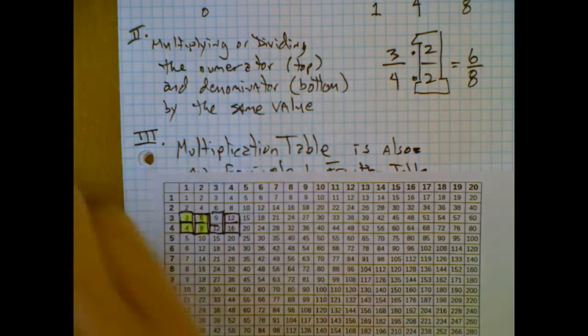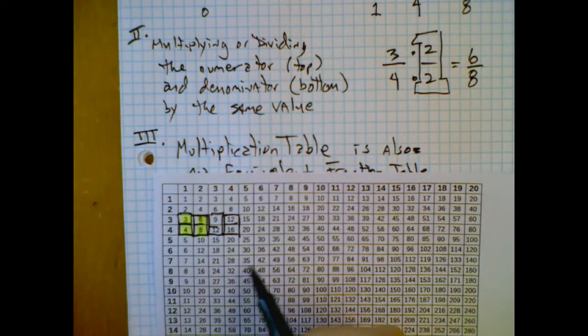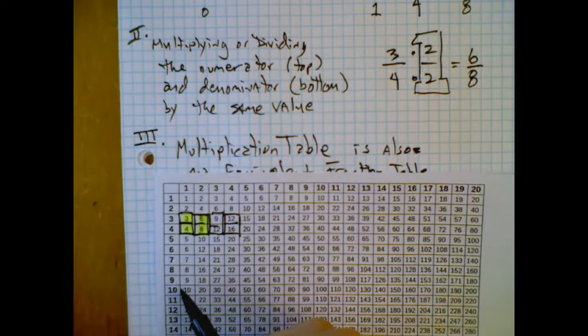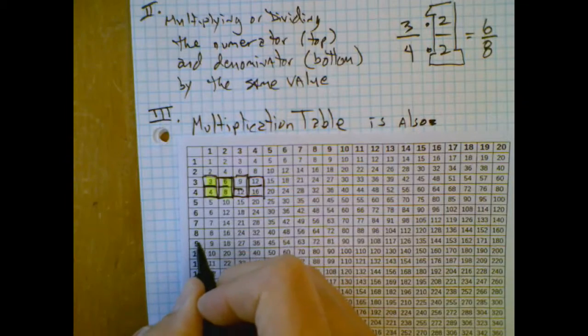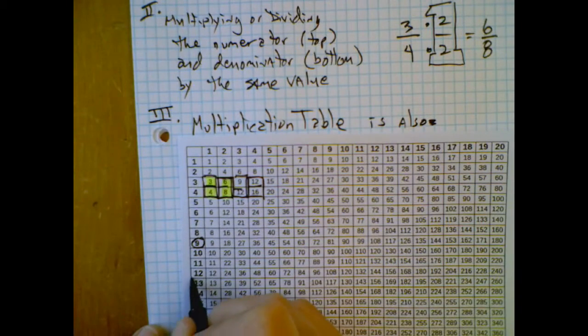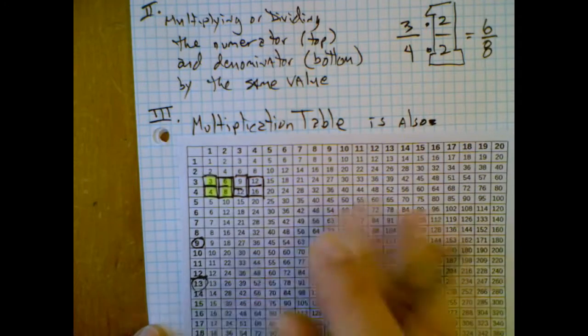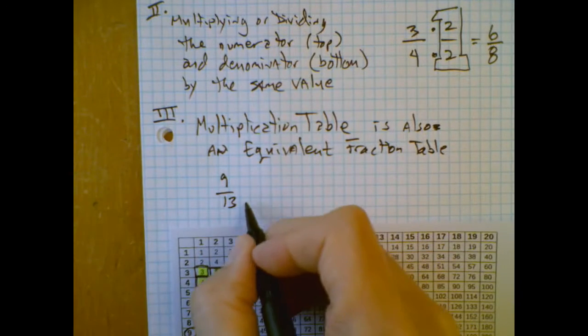And this works for as long as the values you're choosing are lined up on top and bottom of each other. So say we did something like the fraction 9/13. Let's multiply top and bottom by 4.